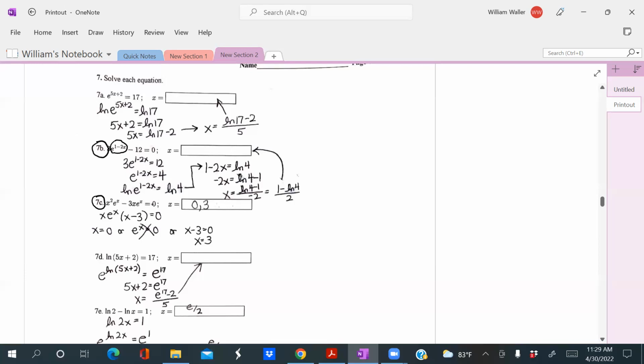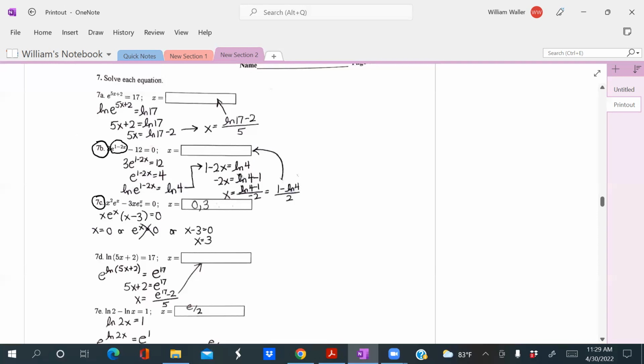Actually, let's solve 7c, which looks like another exponential equation, but I don't think I'm going to end up using the natural log function here. It turns out you can solve this equation just using algebra. So you really don't need knowledge of inverses to solve this equation, although it looks like you do when you start the problem, because you have e^x here, the natural exponential function.